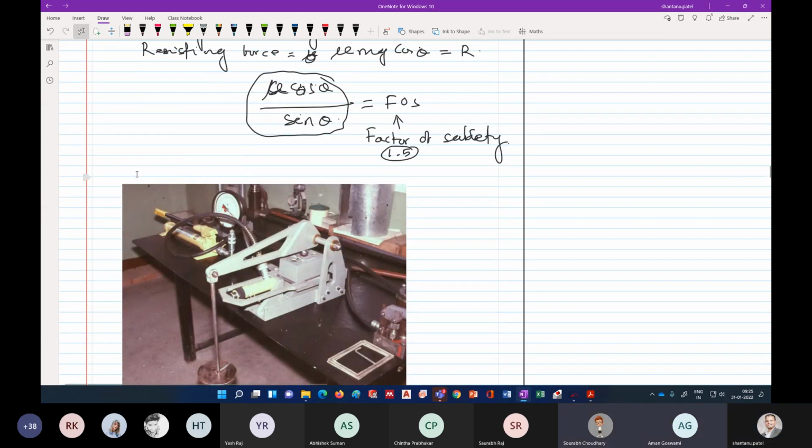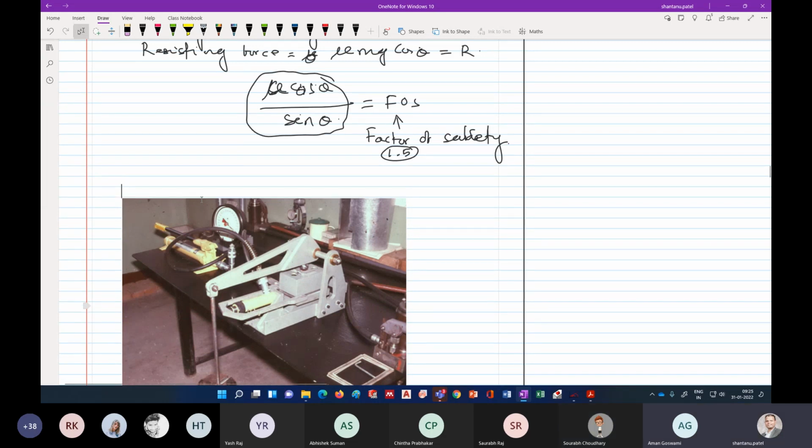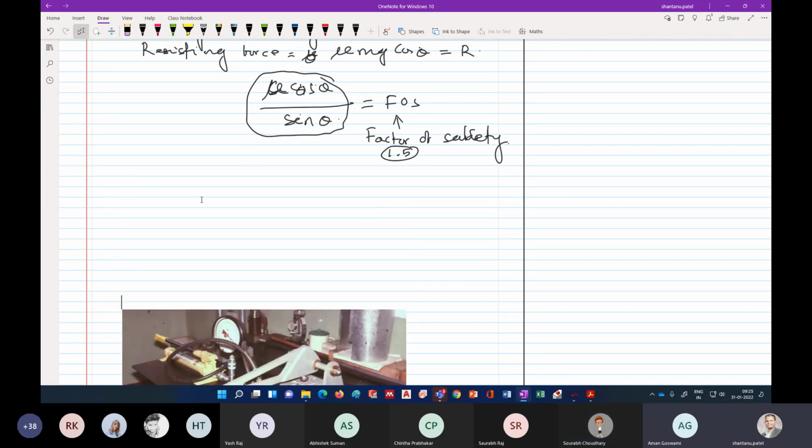Yes, we need to know what force we need to apply to support it. If it is less than 1.5, then other terms will come. So let's say, if cohesion is here, your resistance is C into area plus mu mg cos theta, by mg sin theta, right?